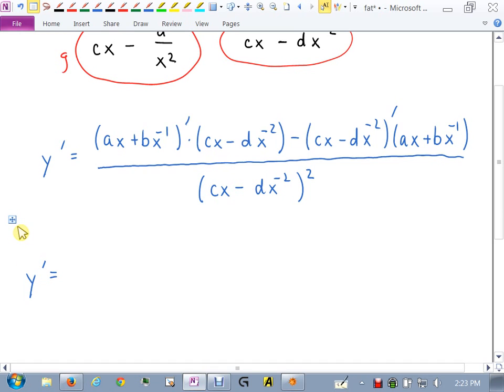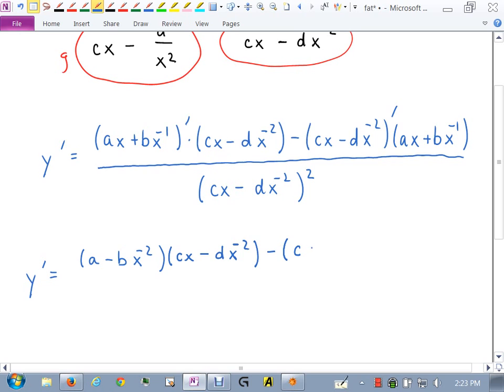All right, derivative time. What's derivative of ax? A, we said, derivative of this. So ignore the b, right, because it's a constant. Negative 1 comes down, hits the b and becomes a negative b, x to the negative 2. So negative b, x to the negative 2. Then times this one. Minus, what's the derivative of the next one?